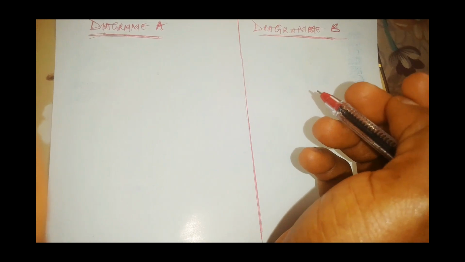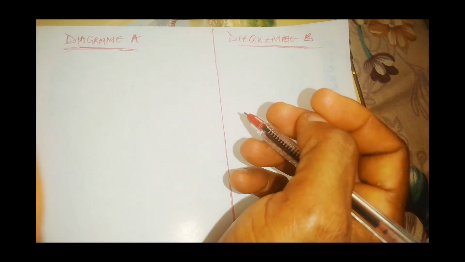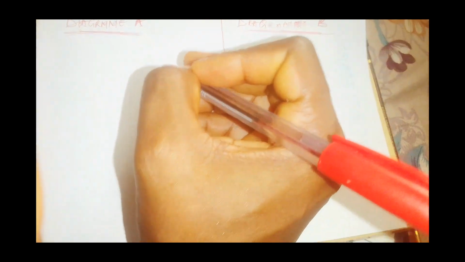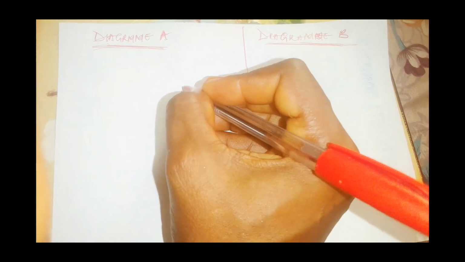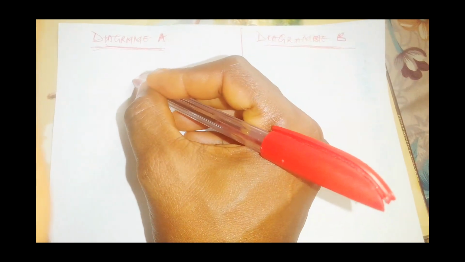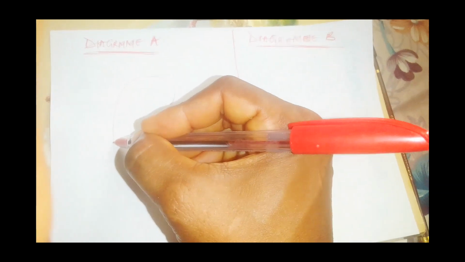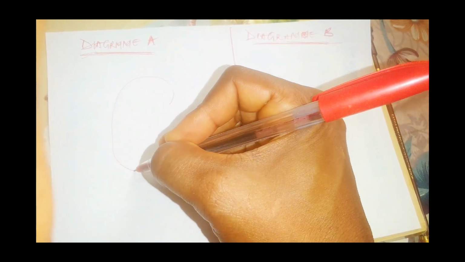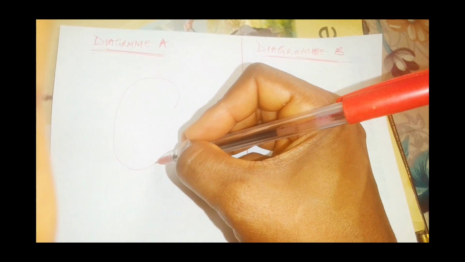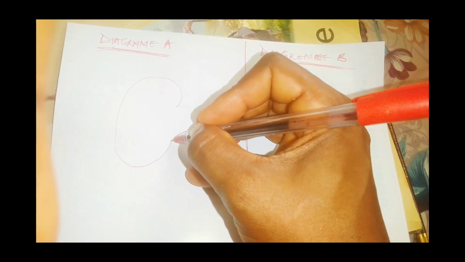Assuming I am asked to make a longitudinal section of the mammalian kidney. Sorry, I have to use a red biro for visibility purposes. But while you are making your own, make sure you use a pencil.